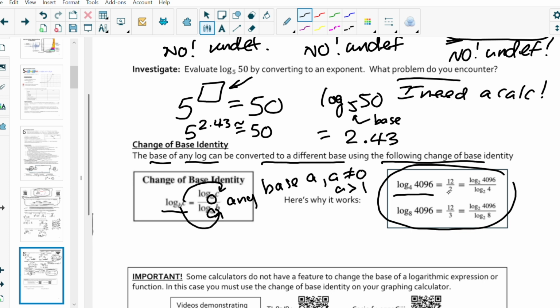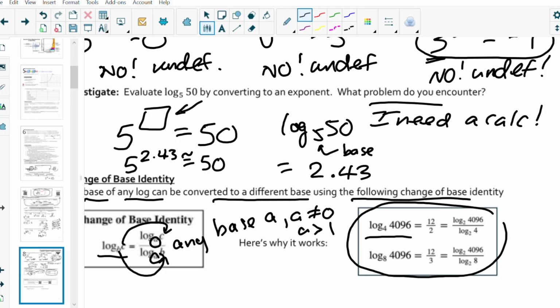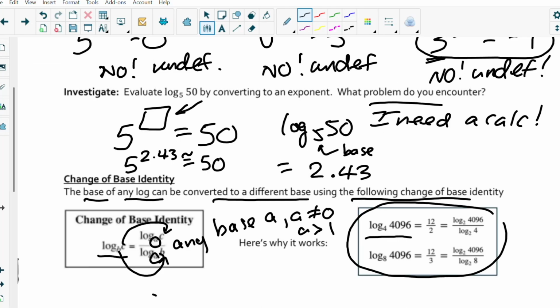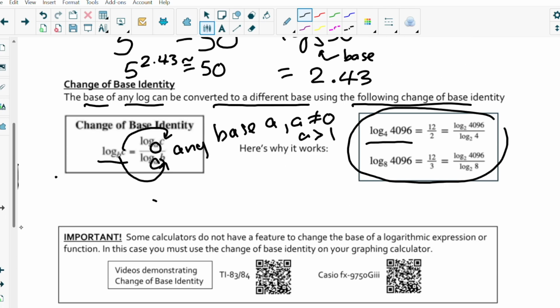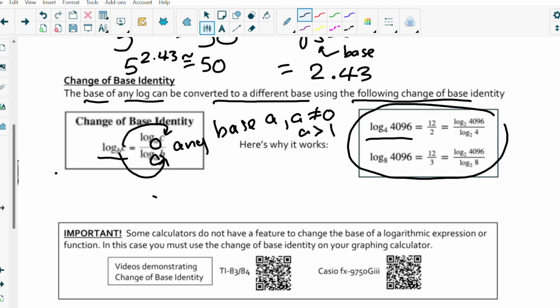Here's an example of why it works. If I have log base 4 of 4096, if you do that calculation, log base 4 of 4096 is equal to 6.